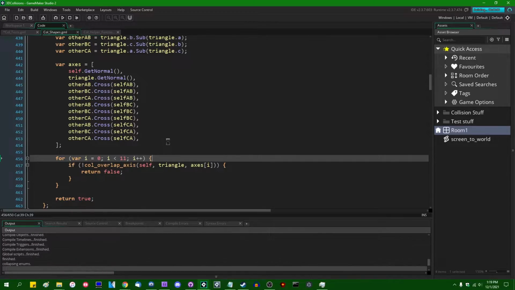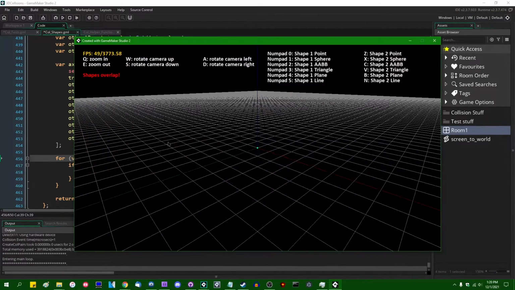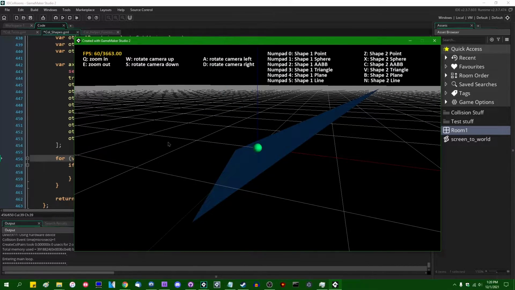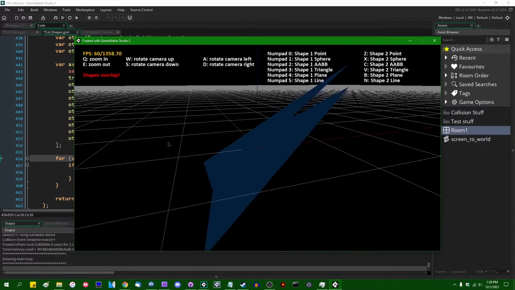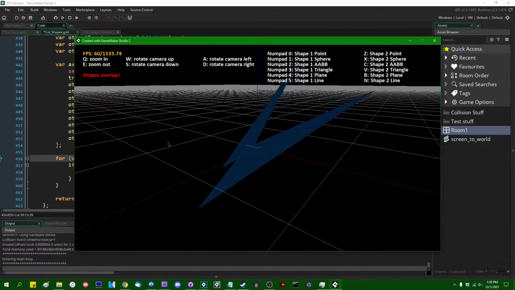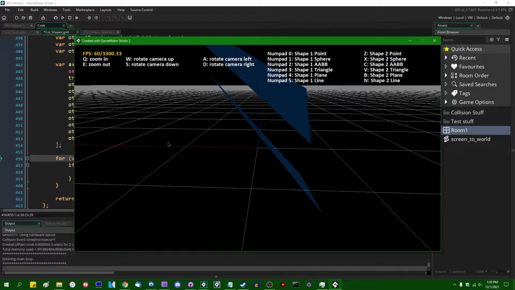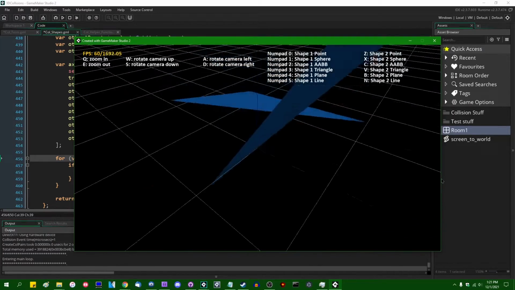So now, if I were to run the game, and if I were to attempt to generate one of those little edge cases where the 3 vertices of each triangle are on different sides, that's actually an intersection there, isn't it? Okay, here we go.